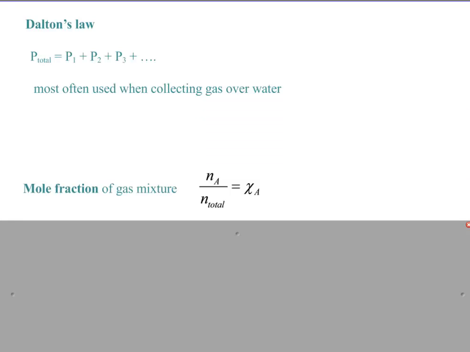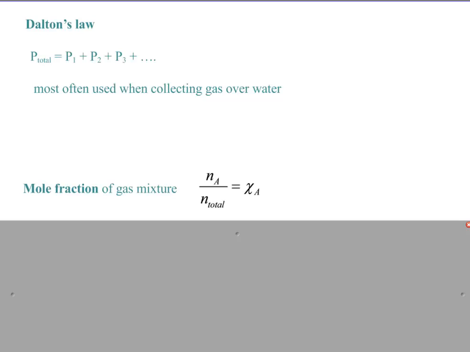Mole fraction is also a quantity that we consider when we're dealing with gases. The mole fraction of anything is simply the number of moles of that substance divided by the total number of moles of all the elements or compounds in the mixture. It's simply a ratio of moles of what you want over moles of the total.